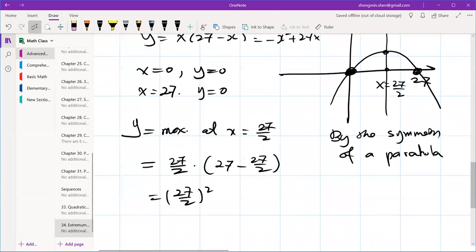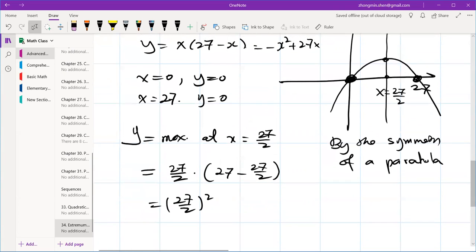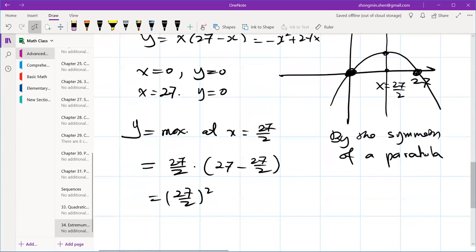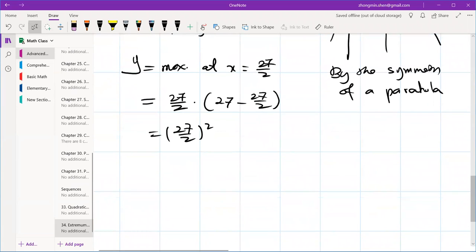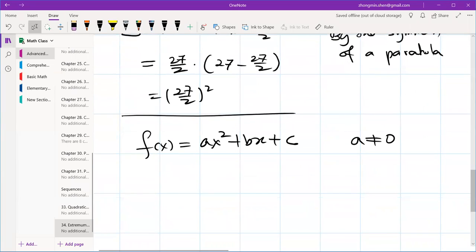So yeah, a quadratic function is different from a linear function. Okay, in general, we go back to the problem. In general, if you have the function in the form like that, where a is not equal to 0, okay, let's summarize.